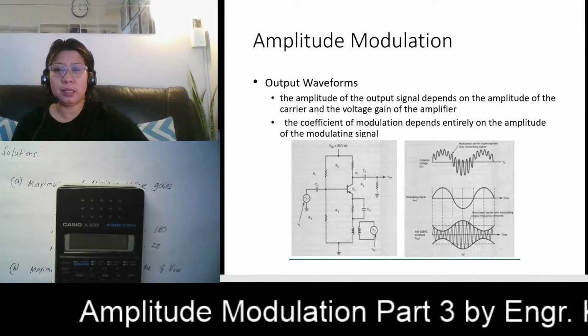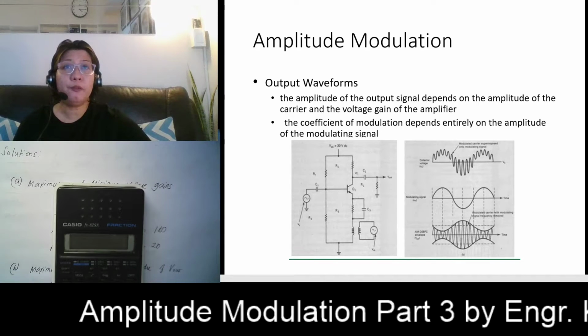But with the modulating signal, this now drives your circuit into both saturation and cutoff. When your circuit is driven to both saturation and cutoff, that is what we mean by nonlinear operation. Upon driving them both to saturation and cutoff, we are producing the nonlinear amplification which is necessary for modulation to occur.